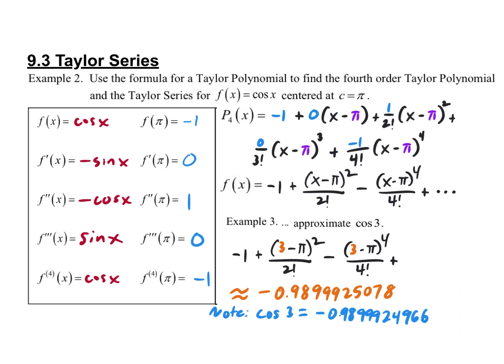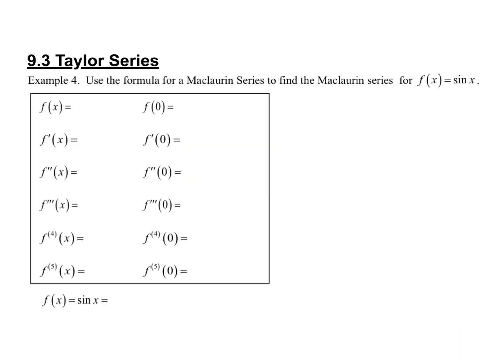Let's look at some more examples. This is example 4. Okay, so we're going to use the Maclaurin series to find sine of x. And actually, I want you to do this one. Fortunately, we know here as we differentiate sine, we're going to oscillate between some variation of sine and some variation of cosine, right?